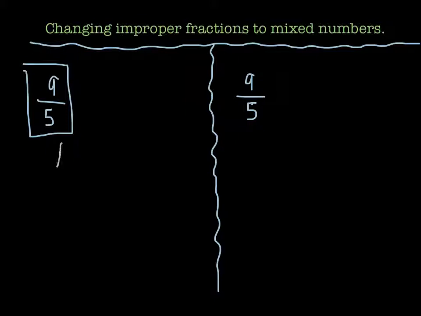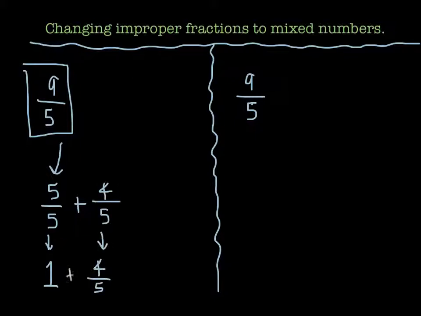So I know that I have 5/5, which is 1 whole. And then the part that would be left over would be 4/5. And then I put those two pieces together, and my answer here is 1 4/5.